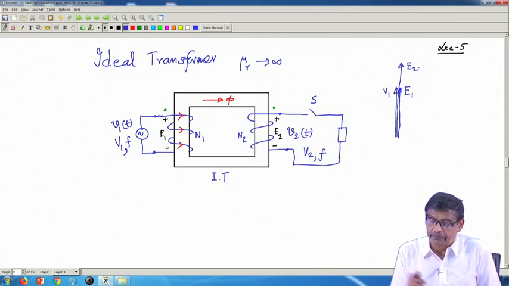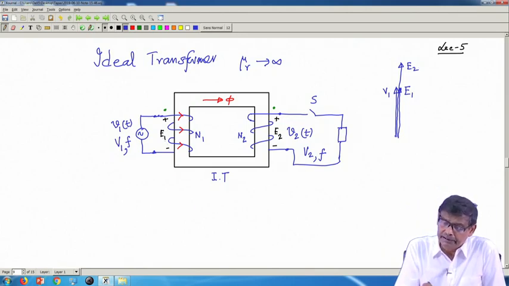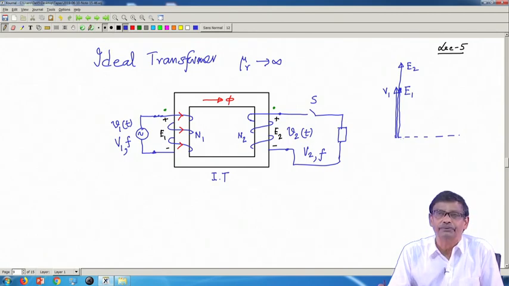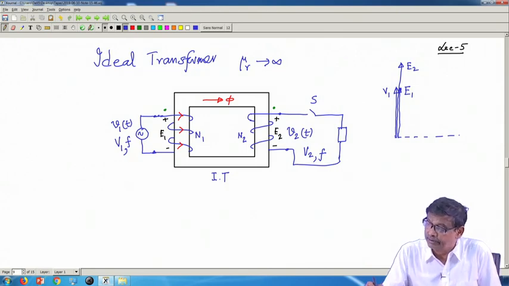The magnetizing current would be lagging 90 degrees, but in this case it is 0, there is no magnetizing current. This is the open circuit (OC) phasor diagram.